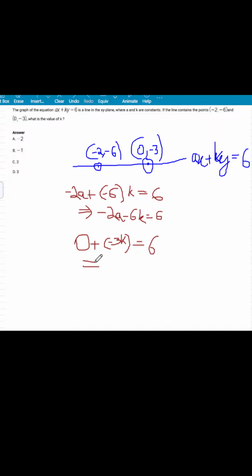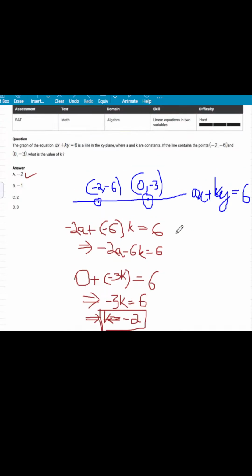That means minus 3k is equal to 6, which means k is equal to minus 2. Okay, so this is the answer. k is equal to minus 2.